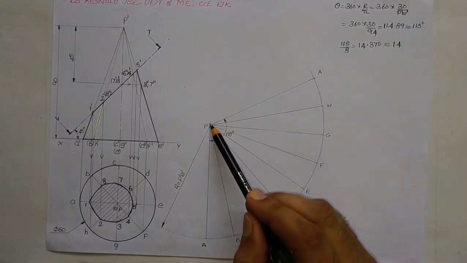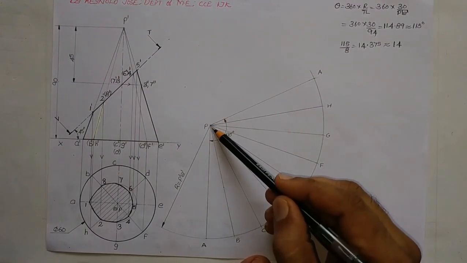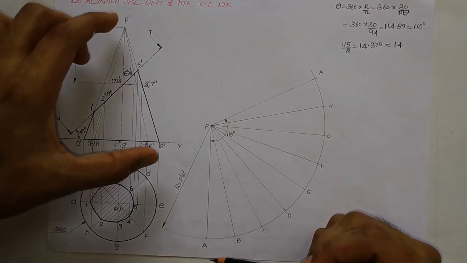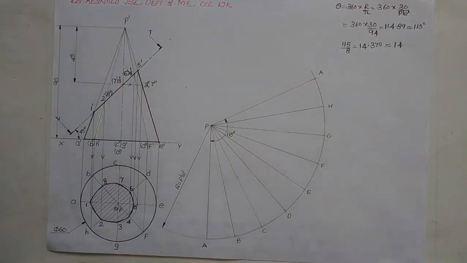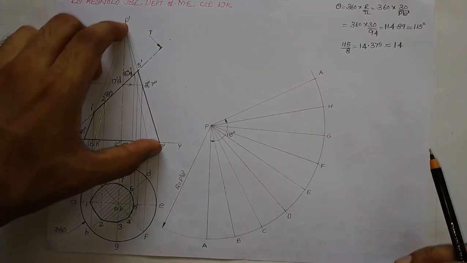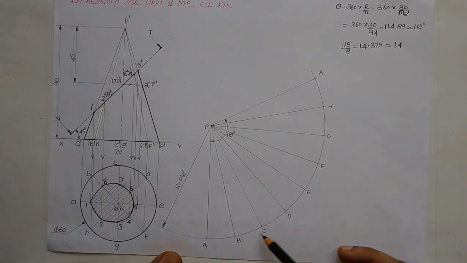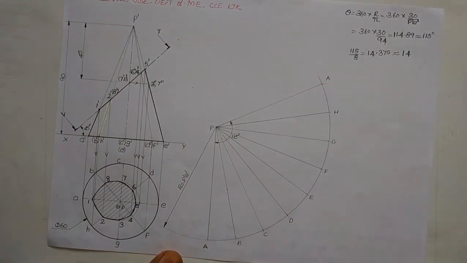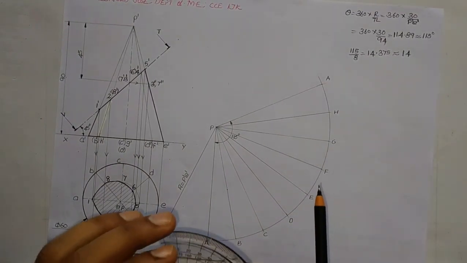So I have marked point P, then PA is drawn initially with measurement of P dash E dash, which is 94. So after drawing PA, then by taking 94 mm in compass, this distance is 94, I have drawn a long arc here. So after drawing this long arc, I have taken an angle of 14 degrees.